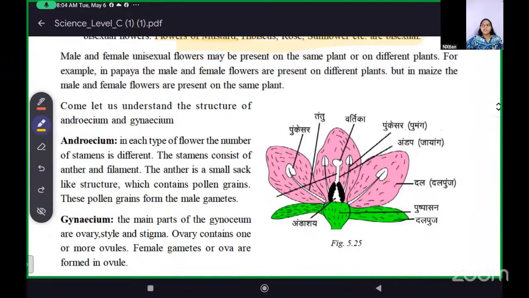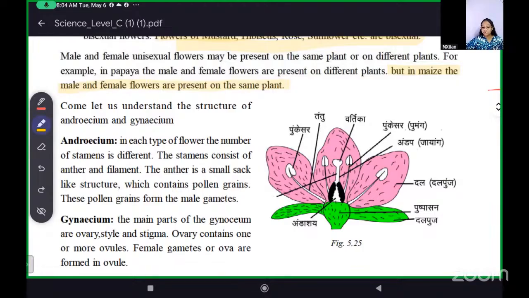But it is also possible that in different plants, one plant has all male flowers and another plant has female reproductive parts. In maize, the male and female flowers are present on the same plant.